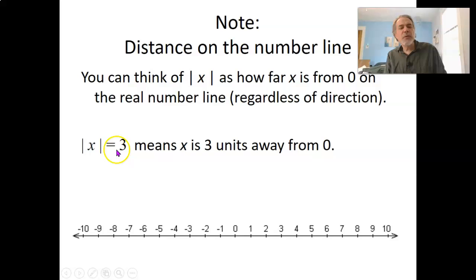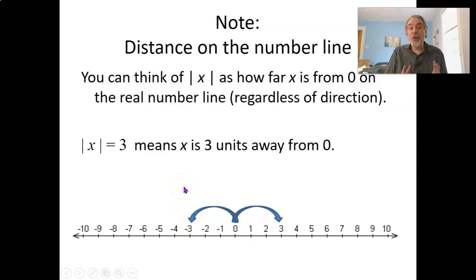So if the absolute value of a number is 3, it means that number is 3 units away from 0, one way or the other. You could be 3 units away to the right, which would put you at +3, or 3 units away to the left, which would put you at -3.